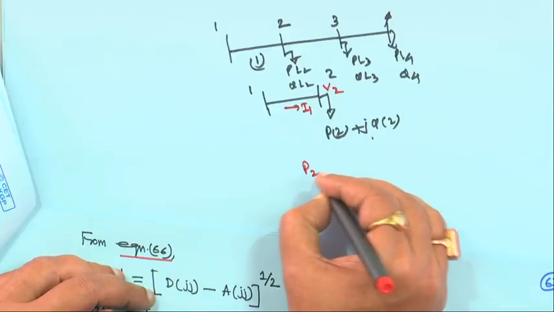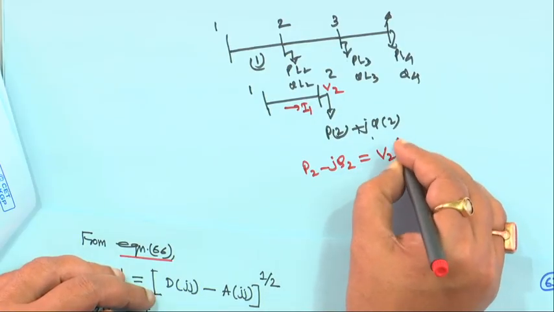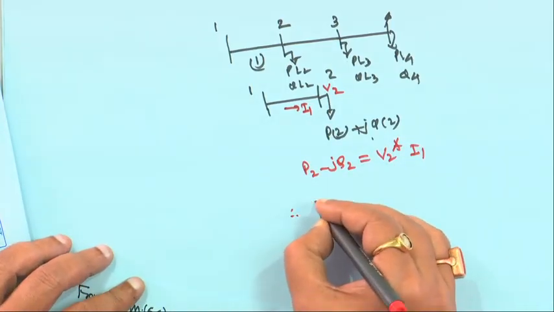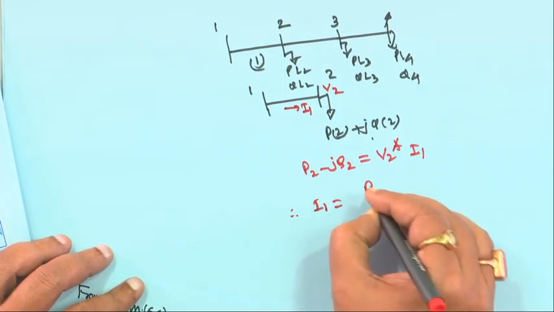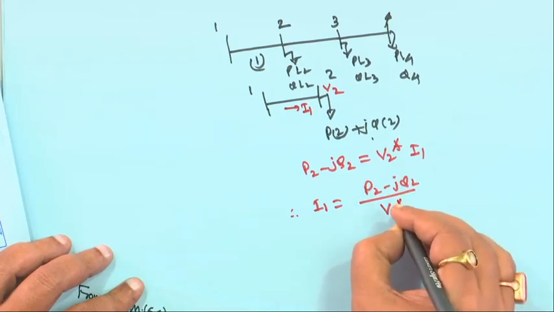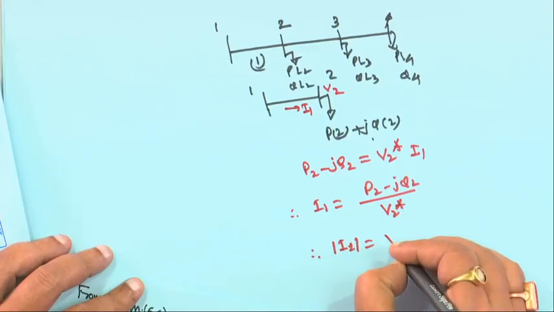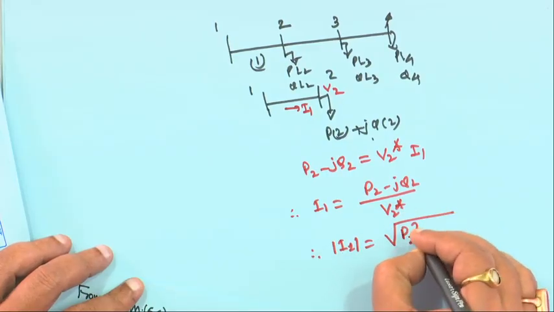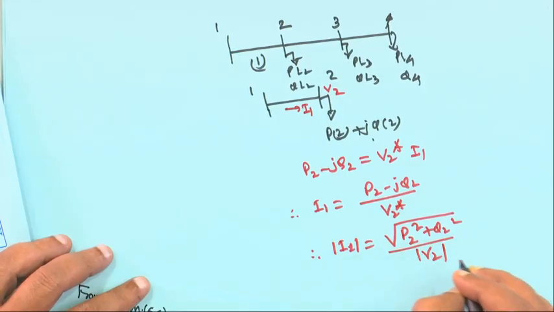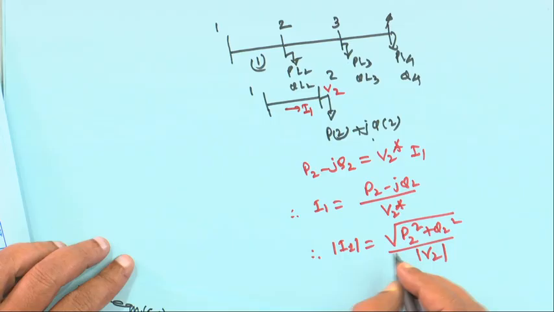This already I have explained, but once again I am showing: P2 minus jQ2 is equal to V2 conjugate times I1, right. Therefore, I1 is equal to (P2 minus jQ2) upon V2 conjugate. Therefore, magnitude of I1 is equal to root over (P2 square plus Q2 square) upon V2, right, and therefore, this is the magnitude of I1.